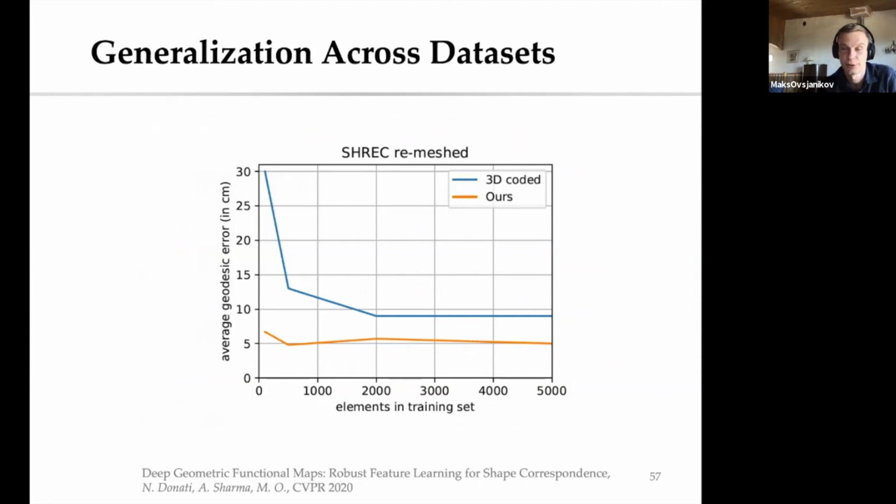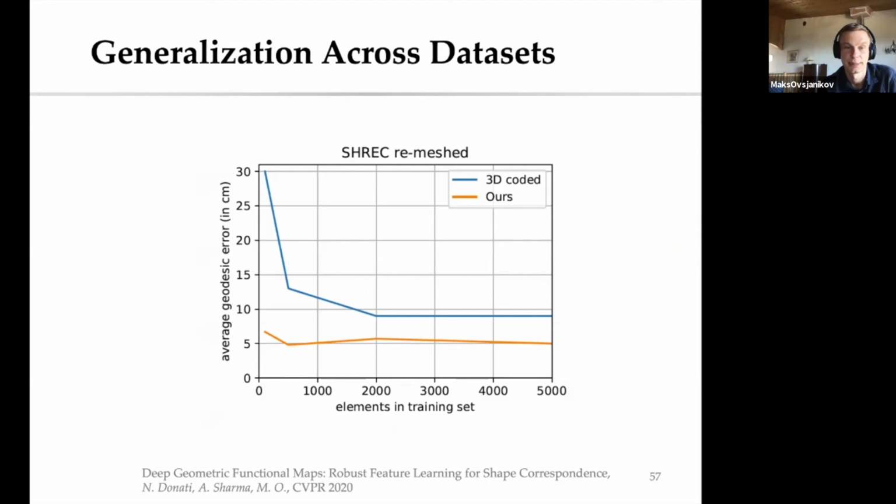We use an approach, this 3D-CODED method, which doesn't have anything to do with spectral techniques. It just operates purely on the geometry. Using this Laplace-Beltrami eigenfunction, this functional map representation, helps to gain resilience across different shapes. It helps to generalize across different data sets significantly better.